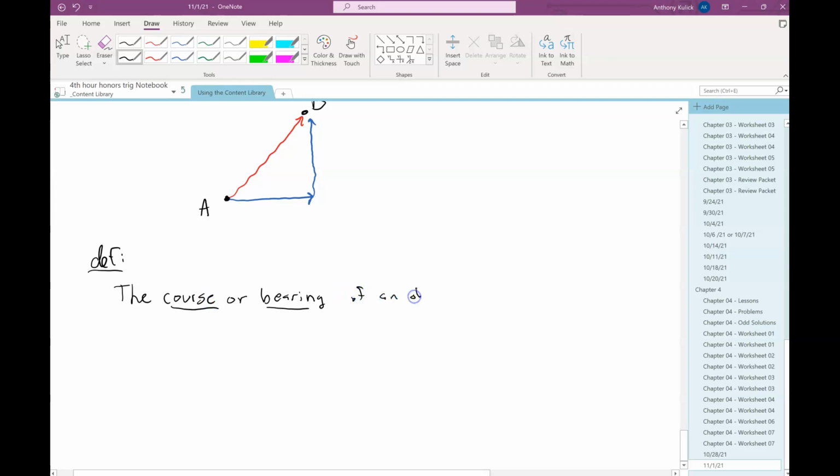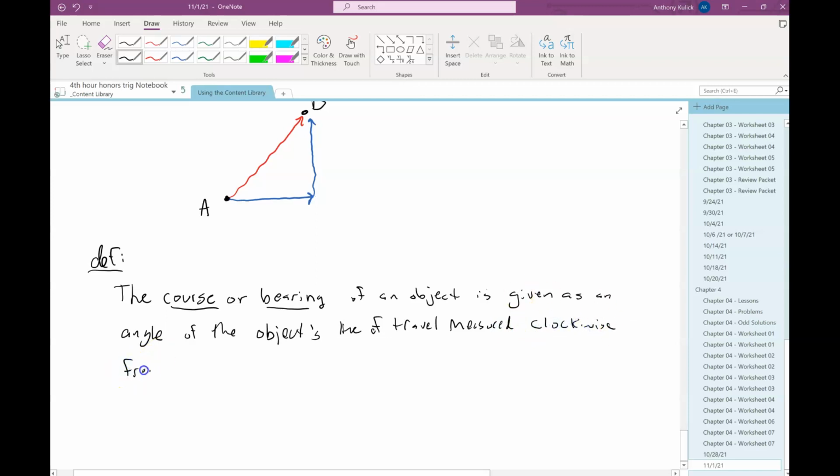So the course or bearing of an object is given as an angle of the object's line of travel measured clockwise starting from due north.